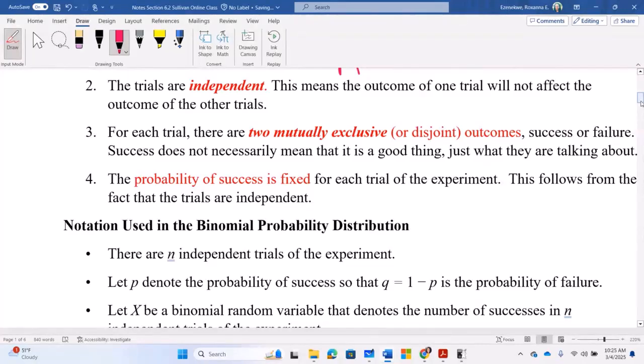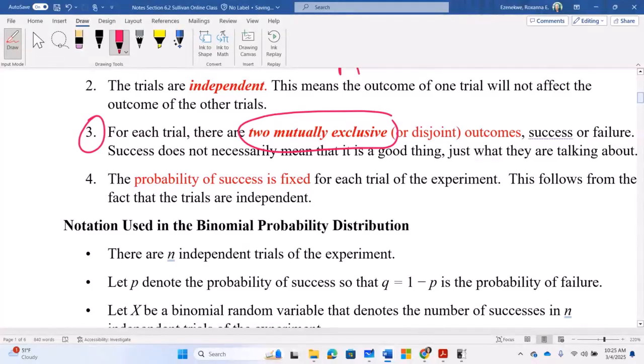Property number 3, for each trial, there are 2 mutually exclusive events. In other words, head or tail, and that's it. It is mutually exclusive, therefore it is disjoint. They cannot happen at the same time. If I flip a coin, only a head can come out or a tail, unless it is a biased coin.